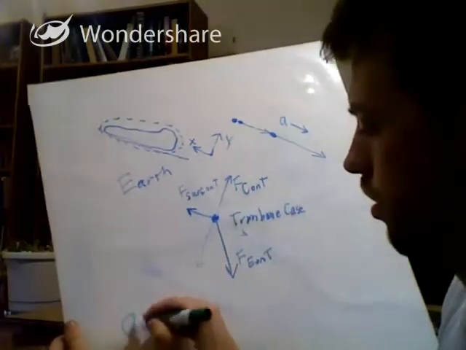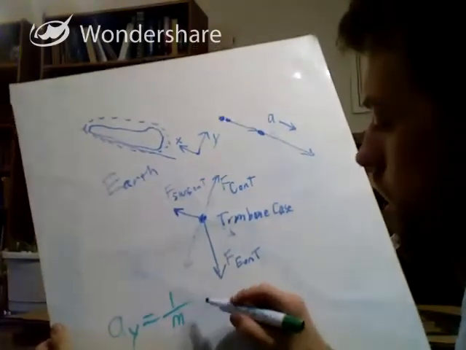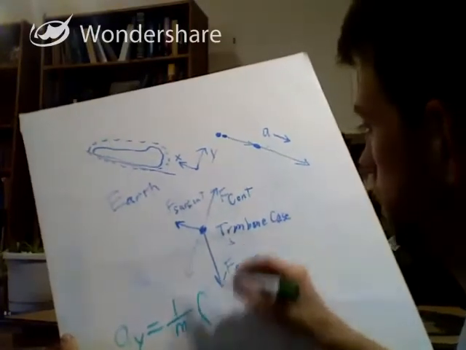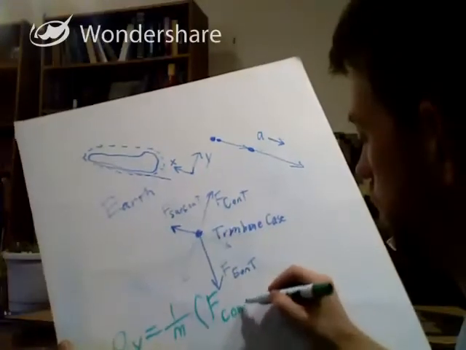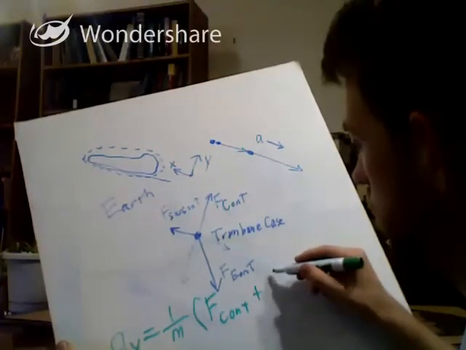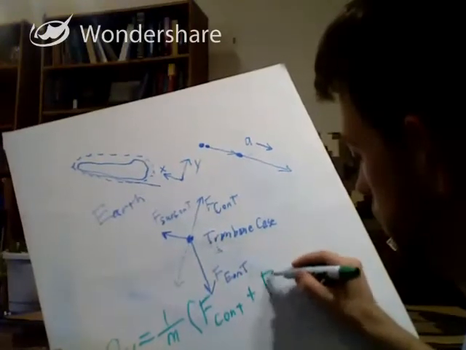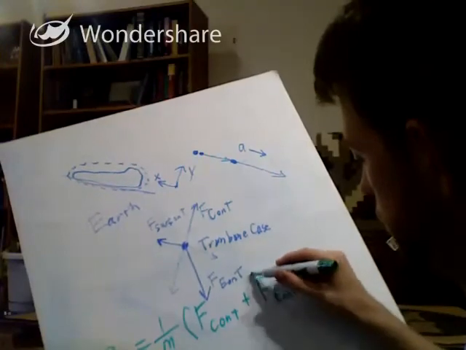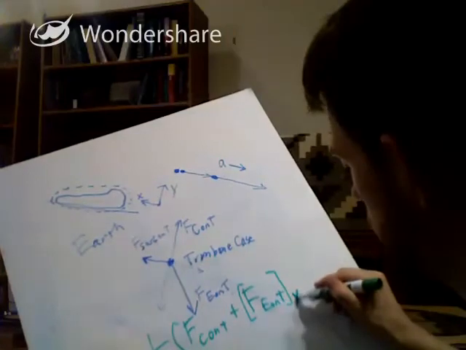Vertically, we have a vertical acceleration equals 1 over the mass of the trombone case times the force that the cardboard exerts on the trombone case, plus the vertical component of the force that the Earth exerts on the trombone case. Just the vertical component.